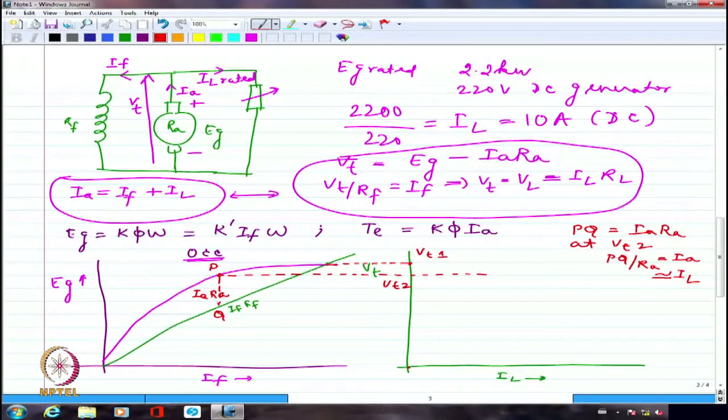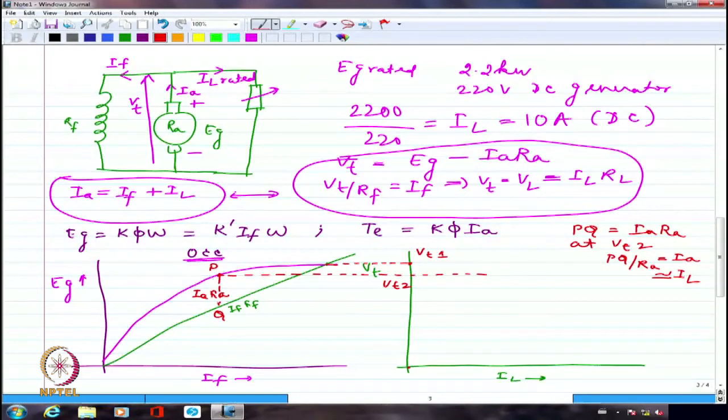That is going to be only 0.1, 0.2, whereas the field resistance is going to be 150 ohms, 200 ohms and so on. For a 22 kilowatt generator, I will probably have hundreds of amperes of current through the armature, but only 1 or 2 amperes through the field, which I can afford to ignore if I am talking about full load condition, for example.